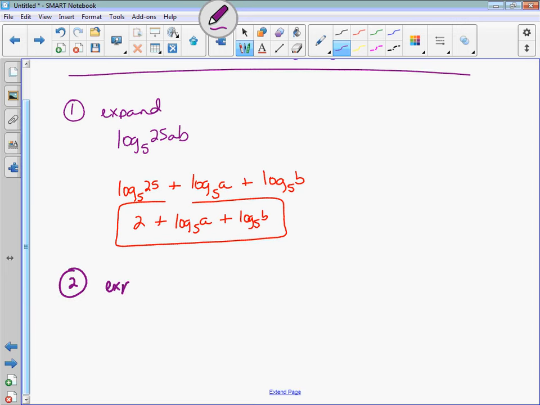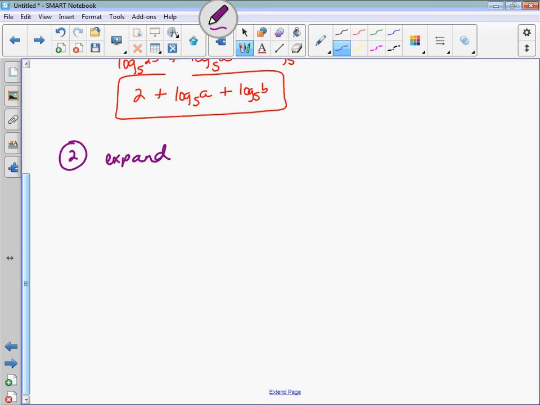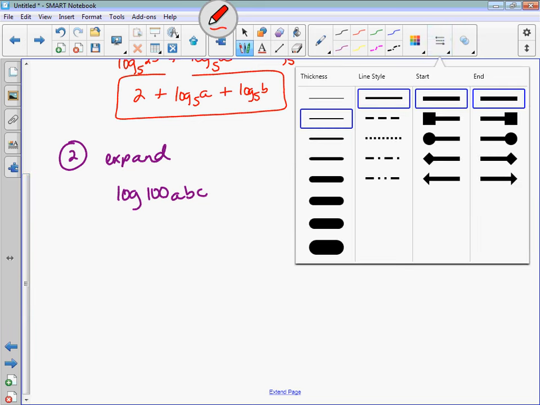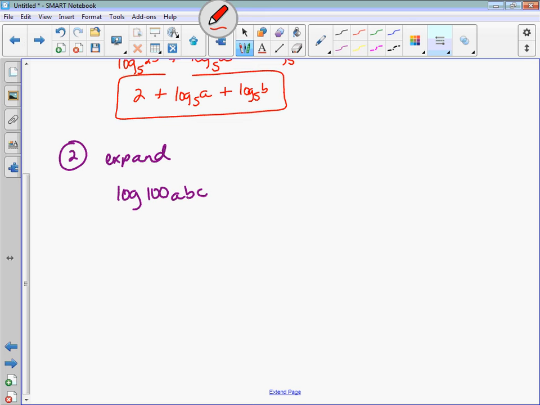Again, we're going to expand on the next one. Log of 100, A, B, C. So what do I get?